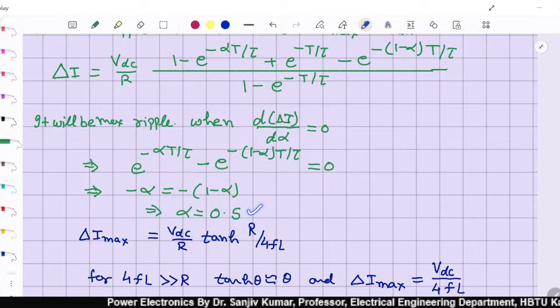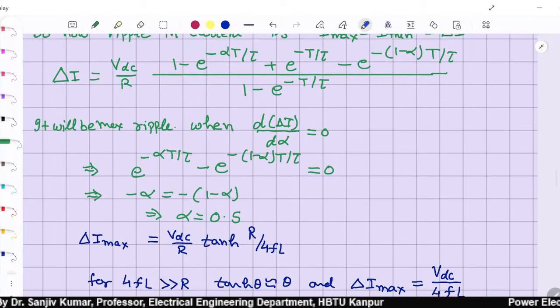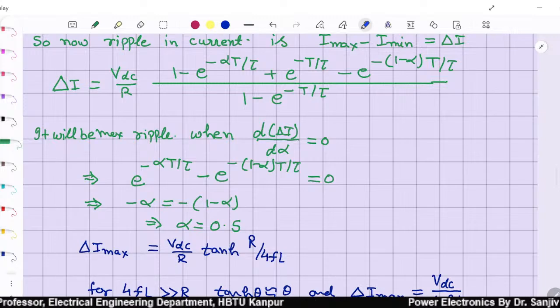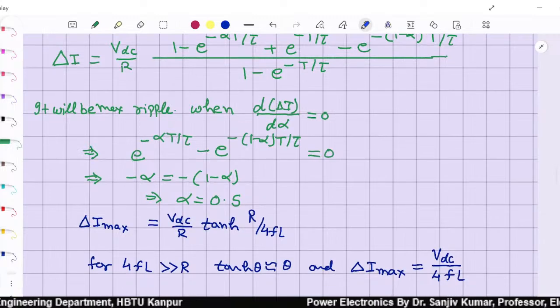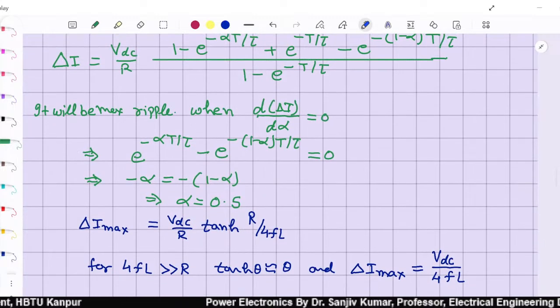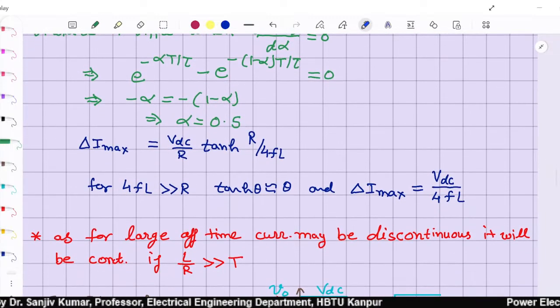After differentiating this, you will get alpha equal to 0.5, and when you put this value here, you will get the value of delta I max, which comes out to be this. Clear? It is at duty cycle 0.5.